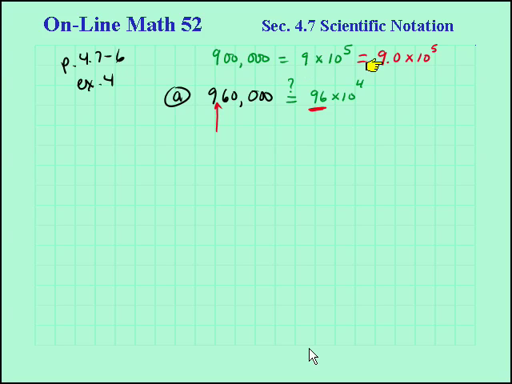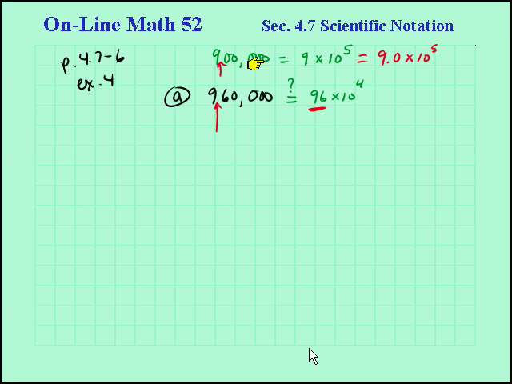We could put as many zeros as we want after it, but that's the same number, right? So, if we thought of it this way, that would be like putting a decimal point right here, just after the 9. But still, it's 10 to the 5th power.